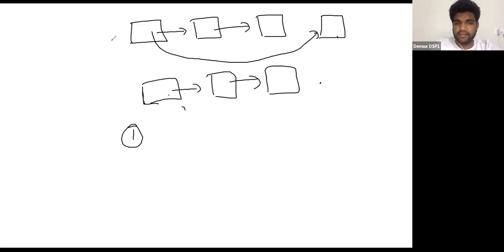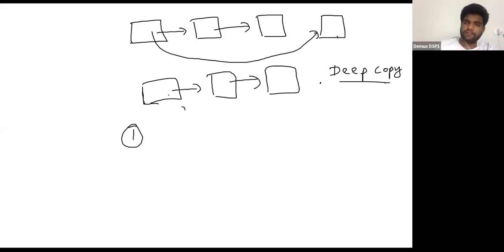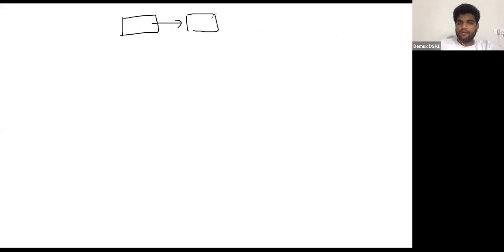So let's see the problem. Everyone, first of all, do you understand what is a deep copy of the list? Sir, could you repeat that question now? Yeah, I will just repeat the question. The question tells you that you have a linked list, which I guess everyone knows, right?